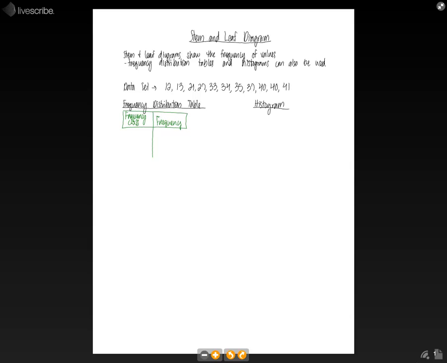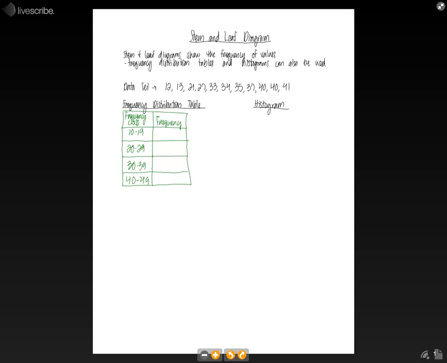So if we do frequency classes of tens, we can say 10 to 19 will be our first class, and then 20 to 29 our second class, then 30 to 39, and finally 40 to 49. You can make your frequency classes however you want. We could have done it by 5s, or by 15s, whatever you want.